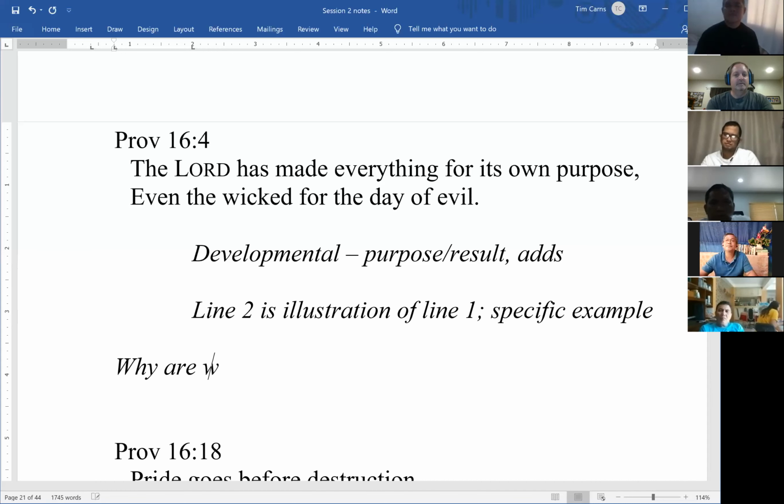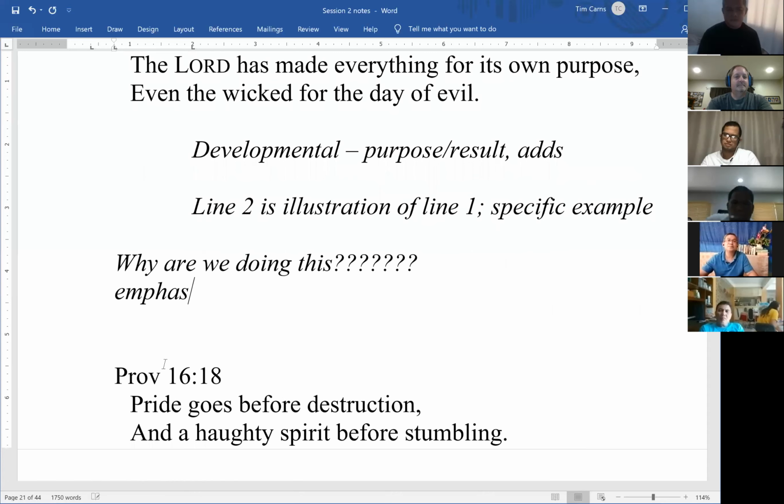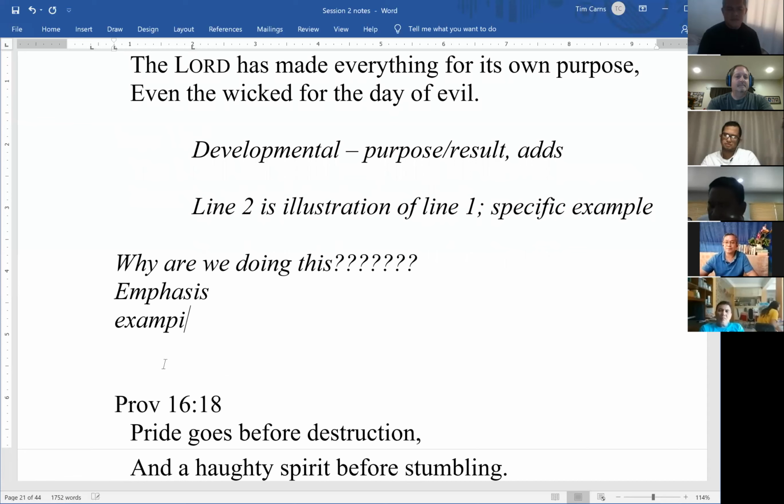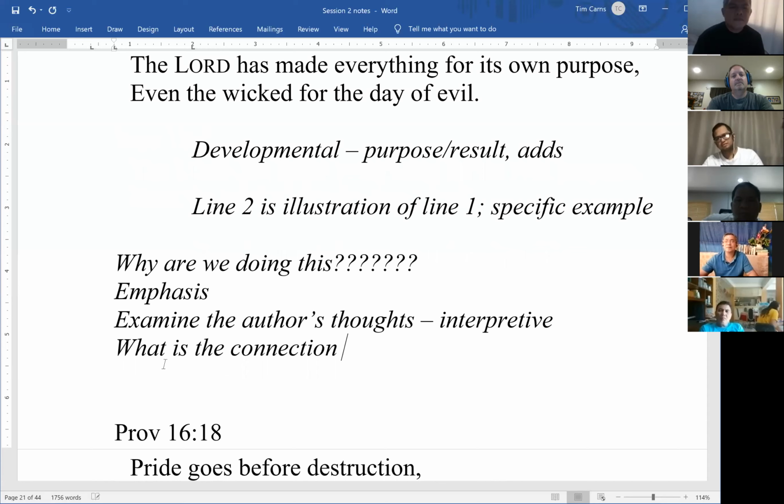And secondly is to see the line of thinking, what really is the flow of the thoughts of the author. It's really interpretive, isn't it? We're trying to understand what is the connection between the lines. And that's really because we understand an element of Hebrew poetry is parallelism.